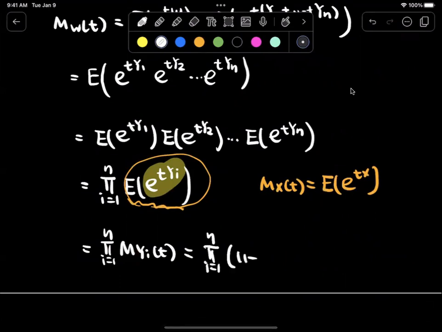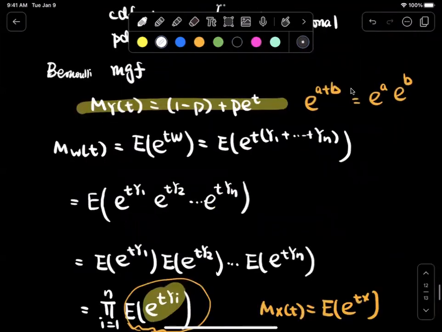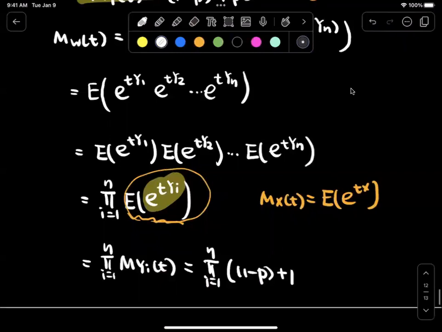That's 1 minus p plus p times e to the power of t. And right here, we are taking the product of n of the very same thing. So when that happens, we're raising this expression to the power of n.